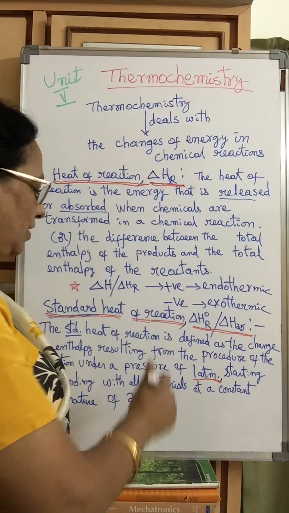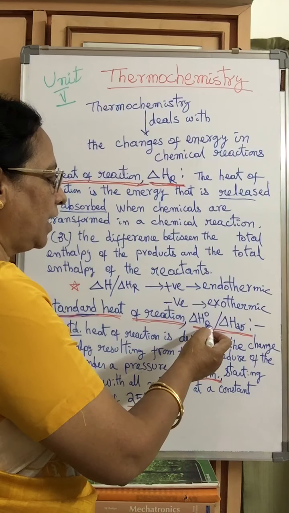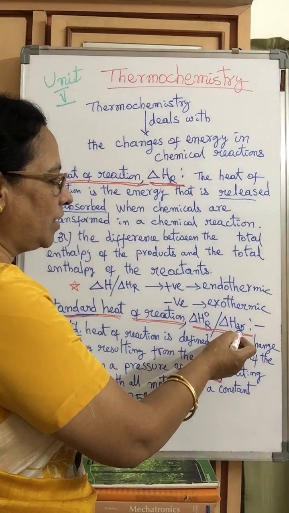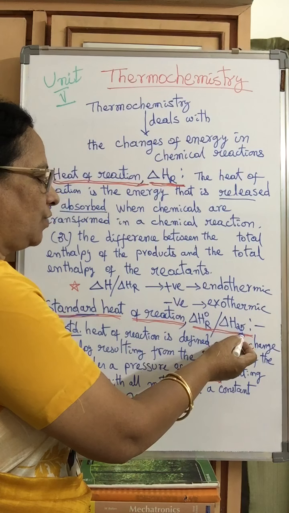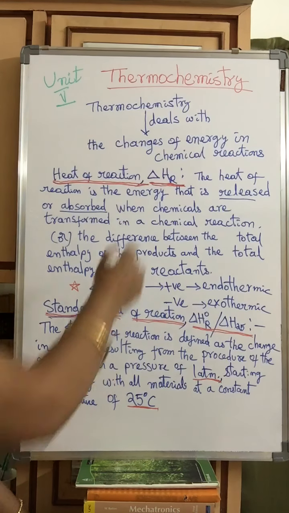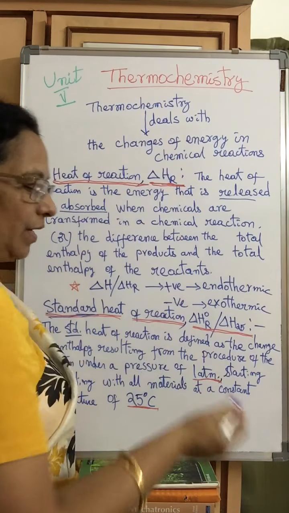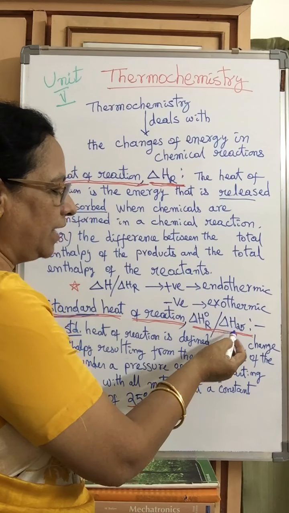That change is represented by standard heat of reaction, delta H, because temperature is 25. Sometimes we refer to it as delta H25 or delta HR naught. So that is the difference from the simple heat of reaction, because this is specially for calculation data purposes.